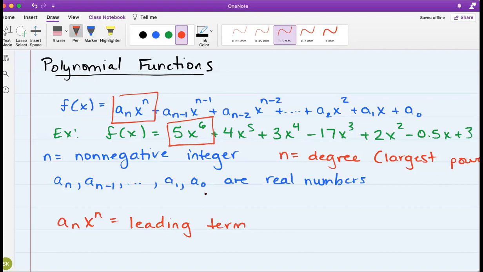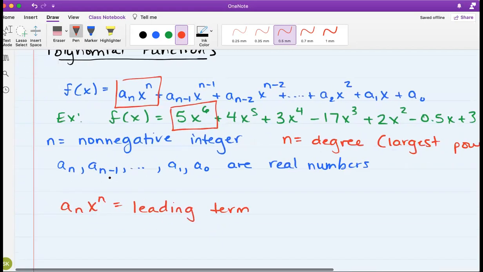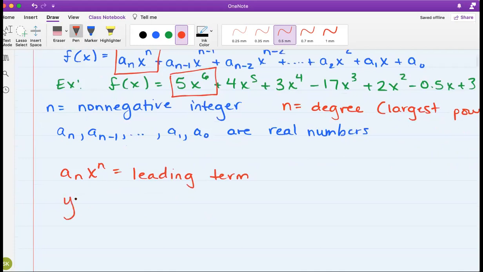And why this leading term is so special is that we're going to learn how to graph things like this. You see this polynomial function here? We're going to learn how to sketch the graph. And the leading term tells us a lot about the graph. So if we define a function y is equal to a sub n times x to the power n, this is called a power function.